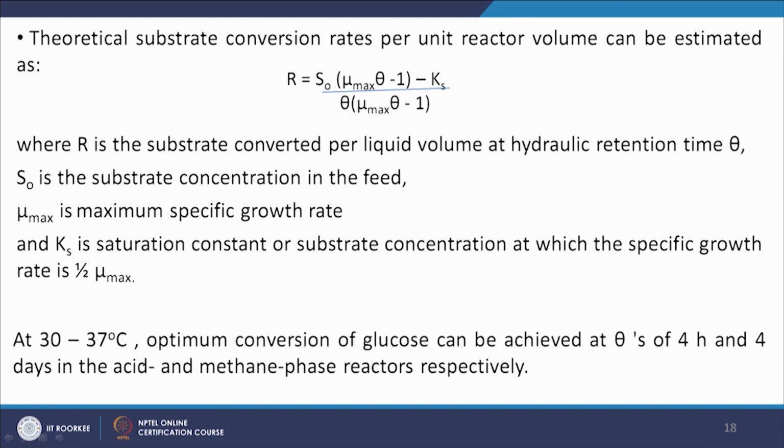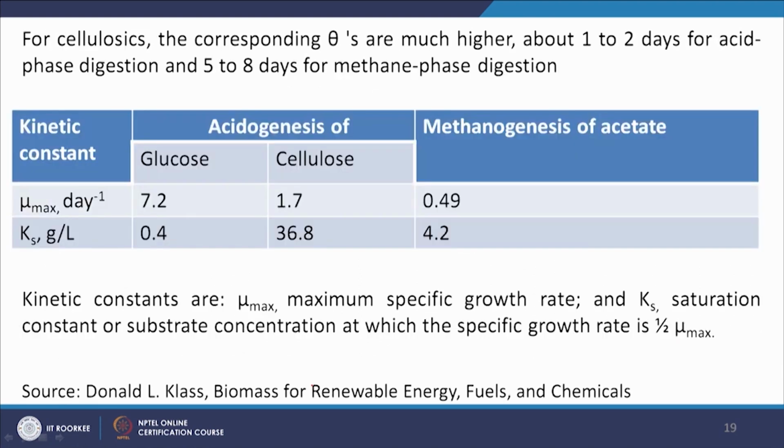At 30 to 70 degree centigrade, optimum conversion of glucose can be achieved at theta values of 4 hours and 4 days in acid and methane phase reactors respectively. So, it is very clear that the methanogenic step takes a longer period and it is the rate limiting step. This table shows the mu max and Ks values for glucose and cellulose.